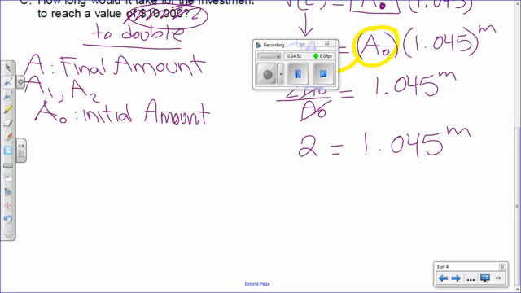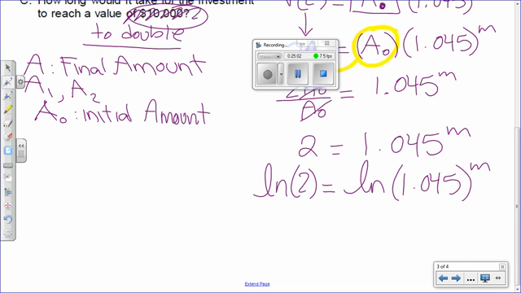So now from there, we could do several things. But let's do this just to keep the same style for now. We take the natural log, then we use our power property, move the exponent to the front.